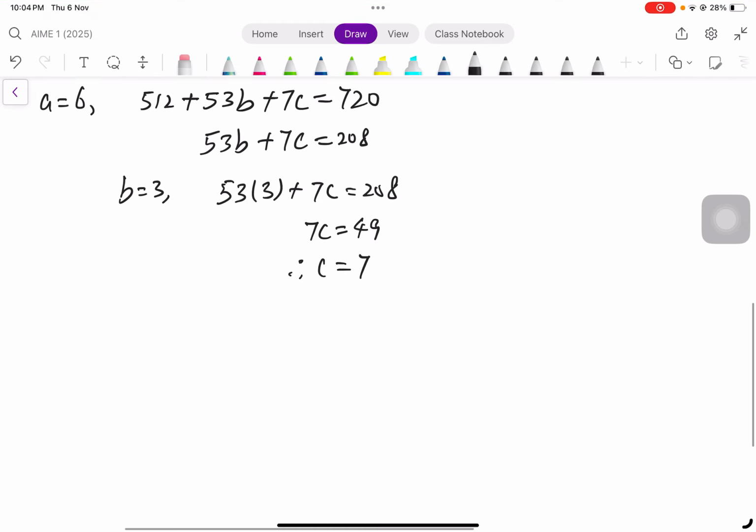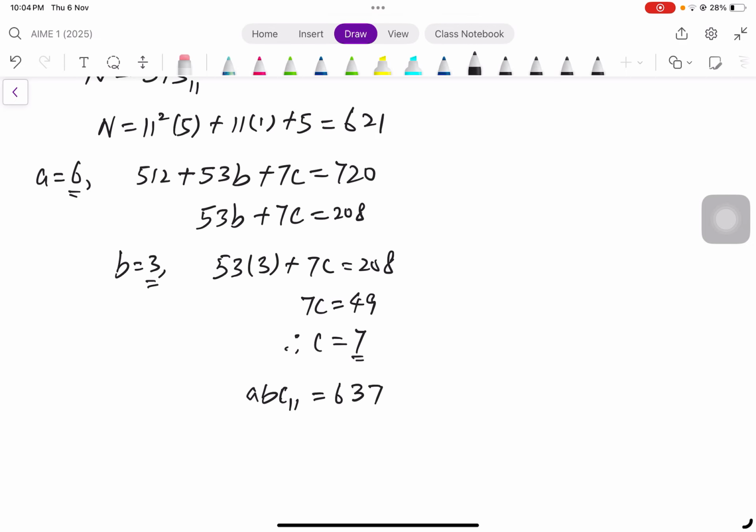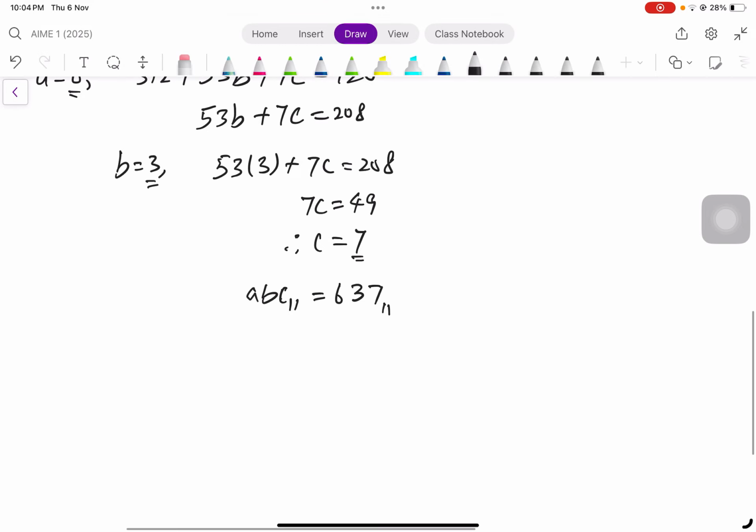So a is 6, b is 3, and c is 7. Therefore abc in base 11 is 637 base 11.